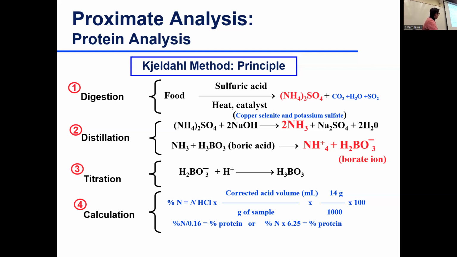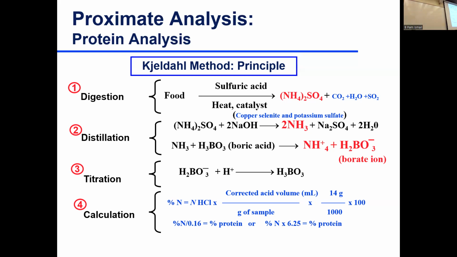All right, so the first step is digestion. During the digestion step, your food gets digested with very concentrated sulfuric acid with heat. With this high acid and high heat, you basically break down the components of food into gases.